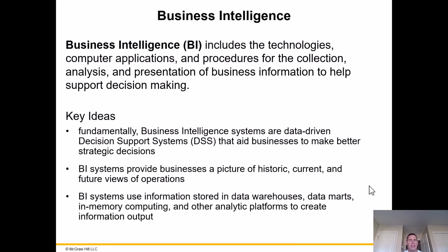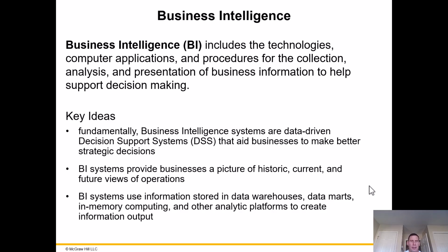Okay, let's talk now about business intelligence, often abbreviated BI. When you hear BI, think about business intelligence. These include the technologies, computer applications, and procedures for the collection, analysis, and presentation of business information to help support decision making. The key ideas here are that business intelligence systems are fundamentally data-driven, and DSSs, think decision support systems, aid businesses to make better strategic decisions.